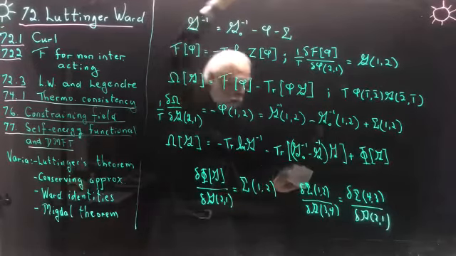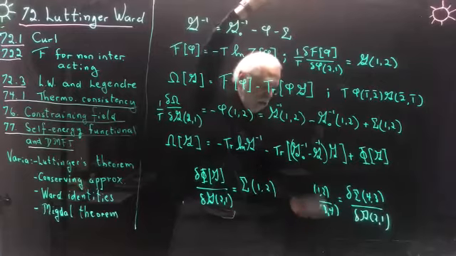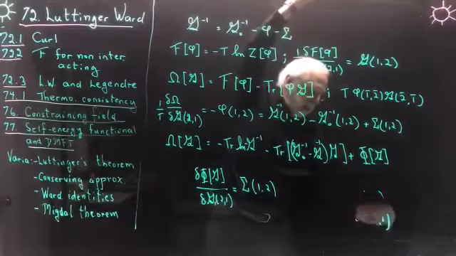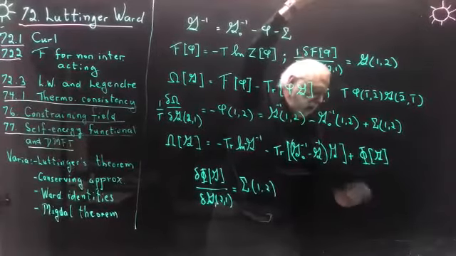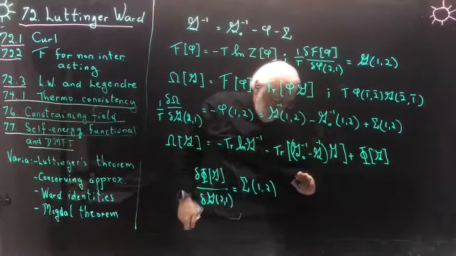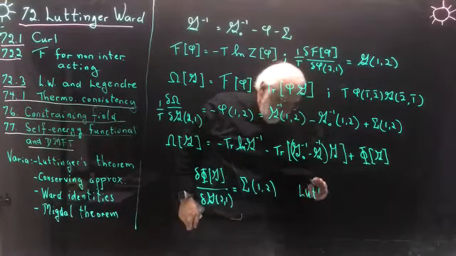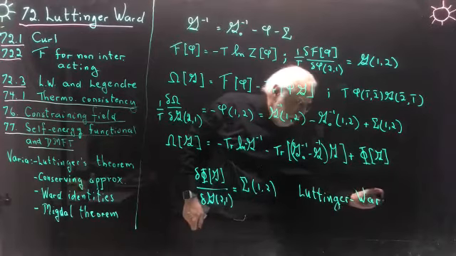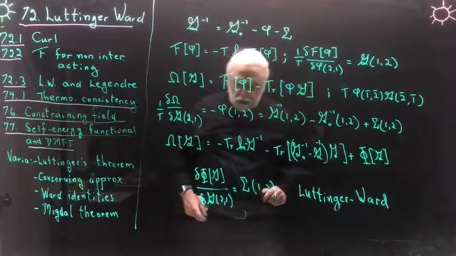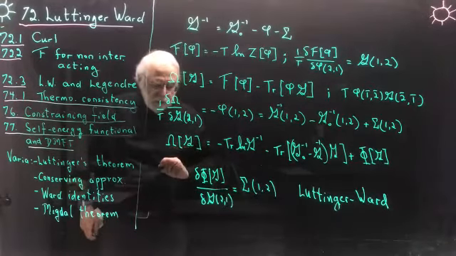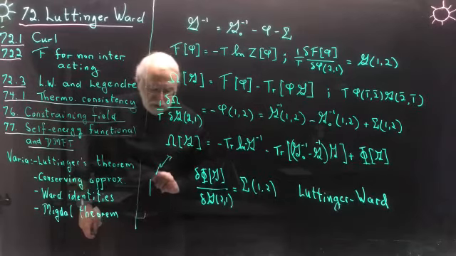Okay, so for now, we will just assume that we have proven this property. And it means that this functional exists. So it's called the Luttinger-Ward functional. And this one here is called the Baym-Kadanoff functional.